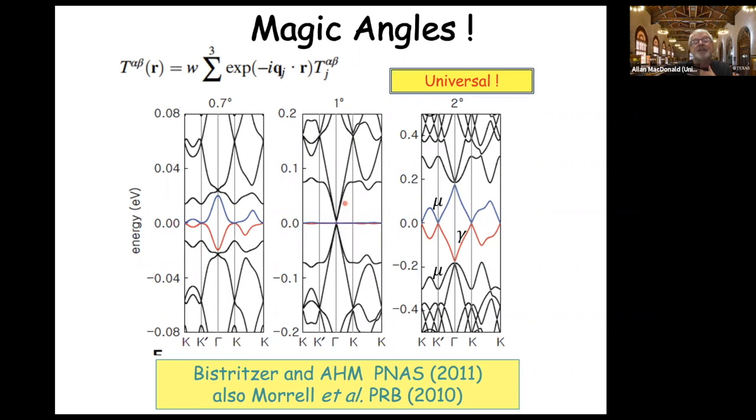And those changes actually, turns out, remove these flat bands from the remote bands further away from the flat bands. So you have essentially spectrally isolated bands in which the electron velocities are very small, perhaps 1,000 or so times smaller in practice than they are in a single graphene sheet.